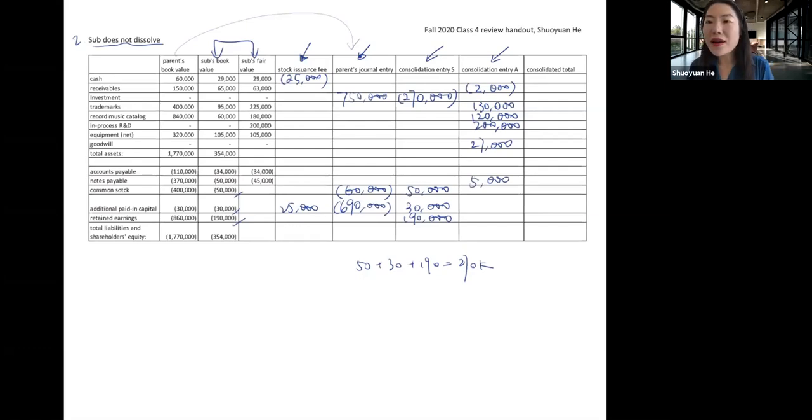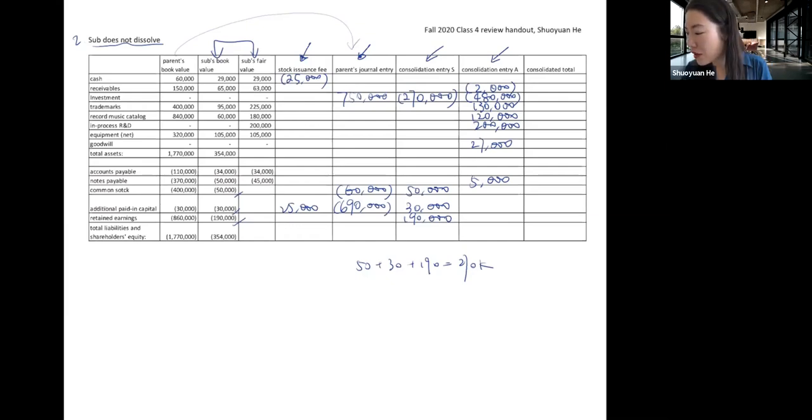So, after we mark up the subsidiary's book value to fair value, now what do we need to do? We need to decrease the parent's investment account accordingly. If you add all of those up, that adds up to 480,000. And that decreases your investment account by 480,000.